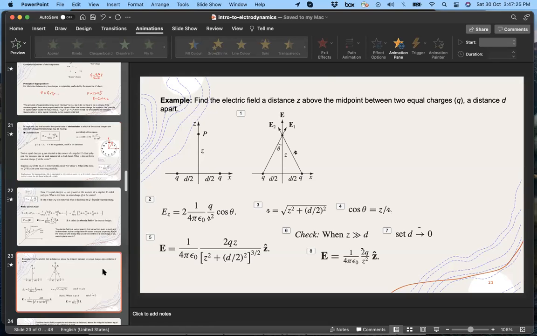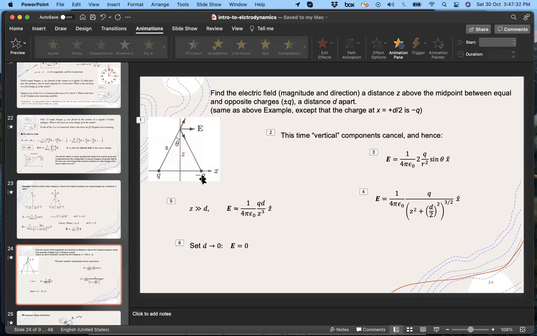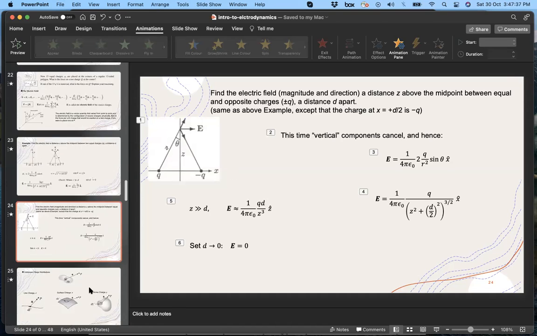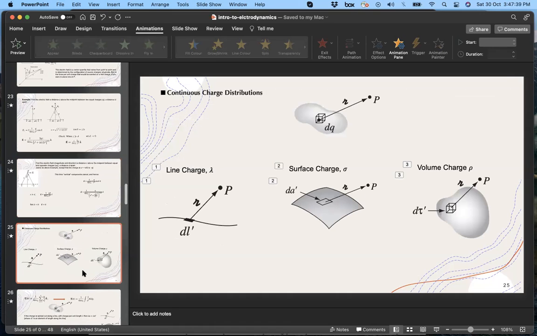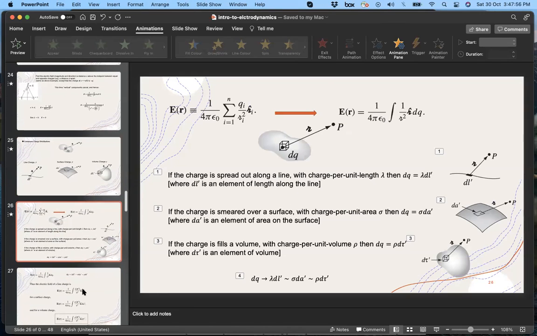There were different versions: if we change the charge from q and q to q and minus q, it becomes a dipole, and then we calculated the electric field. Then we talked about continuous charge distributions, because we don't always have a discrete charge distribution. This continuous charge distribution could be a line charge, surface charge, or volume charge. Then we solved some problems from electrostatics, and the conventions were very clear here.